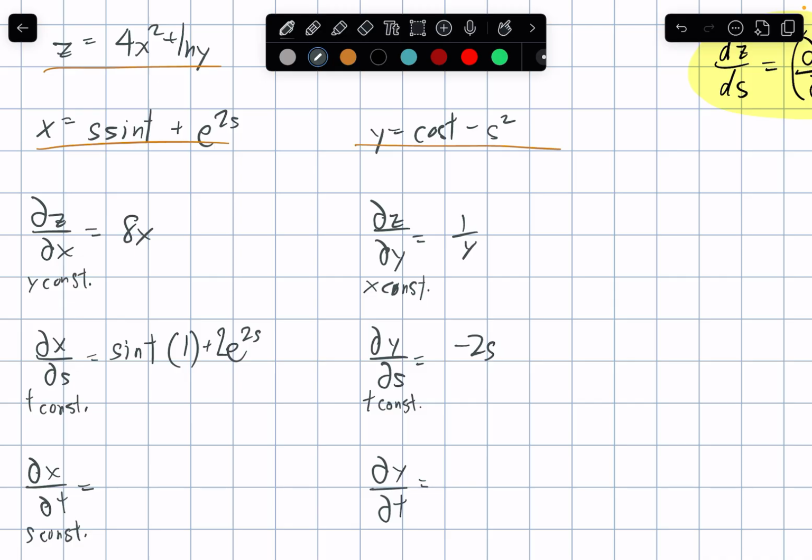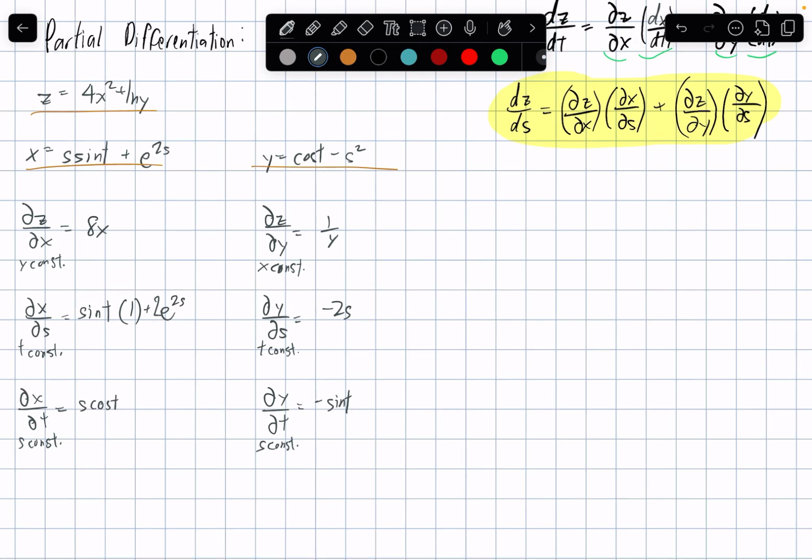So s cosine t, that's how we do it, times 1. So it's just s cosine t. Okay. So negative sine t. Here.